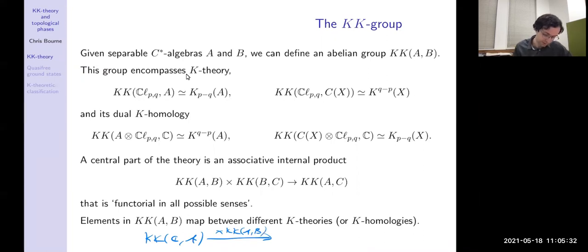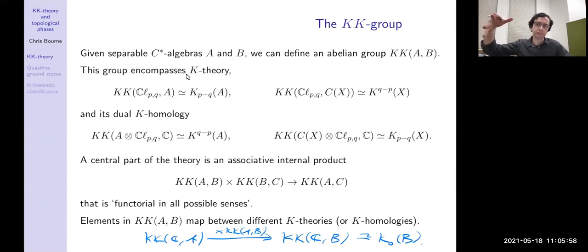And then just following this product, I'll get something in KK(C,B), but that's just now the K theory of B. So if I have an element in this KK theory group, then it gives me a way to actually map between what could be in general the K theory of quite different C-star algebras. So it's really quite a powerful technique to pass between different areas. Maybe you're passing from a space to its boundary, or a subspace, or an entirely different space entirely.